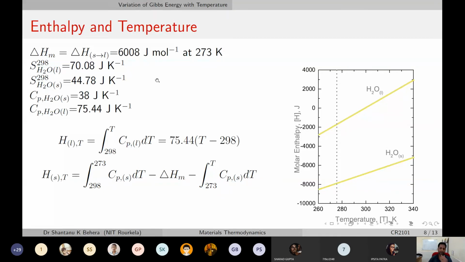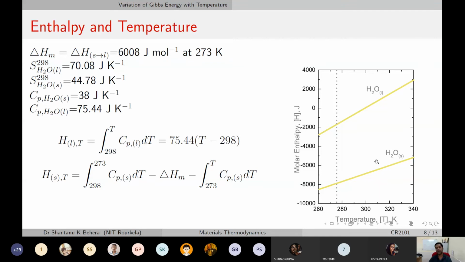But the basic fact I wanted to bring out here is that the enthalpy curve changes with temperature. The enthalpy curve of any phase changes with temperature, and when you talk about two different phases, the change can be slightly different. You can only know the enthalpic difference between these two phases at the melting temperature, and at other temperatures you would not know because these lines are not parallel.